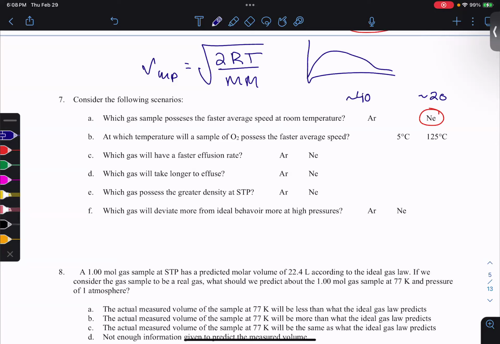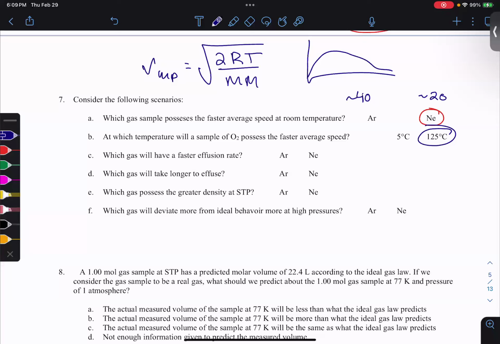Okay, which temperature will oxygen possess a faster speed? Hot or cold? Hot, yes. That on last year's exam got 100% correct. Hot things move fast.